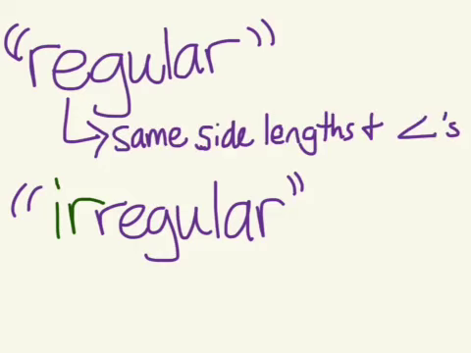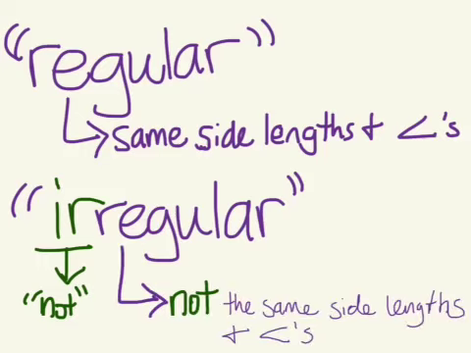Same side lengths and angles. Irregular, going back to Greek and Latin again, ir means not. So irregular means not regular. Sometimes, depending on the root word, it'll be ir, sometimes it's ill, and sometimes it's in, but that all means not. So if it's not regular, that means it does not have the same side lengths and the same angles.